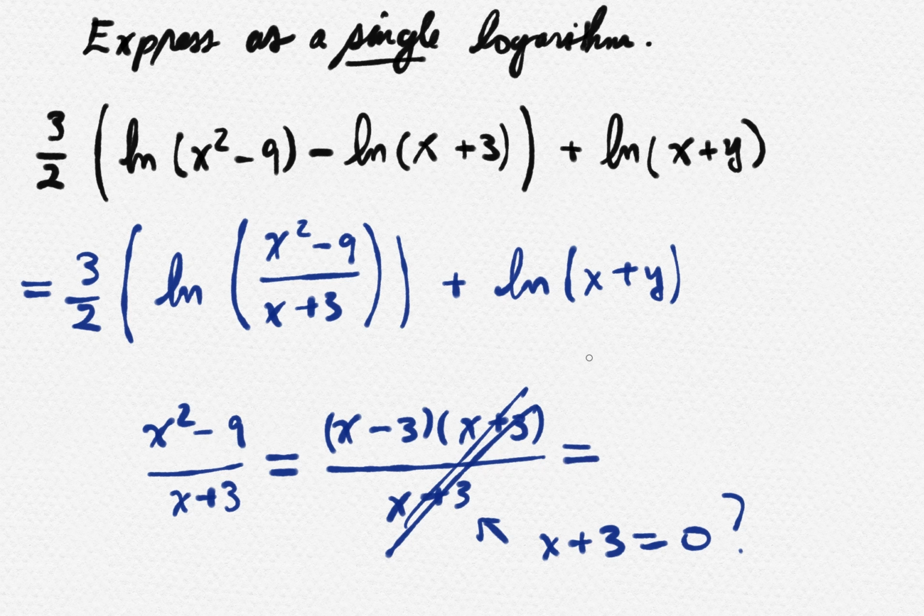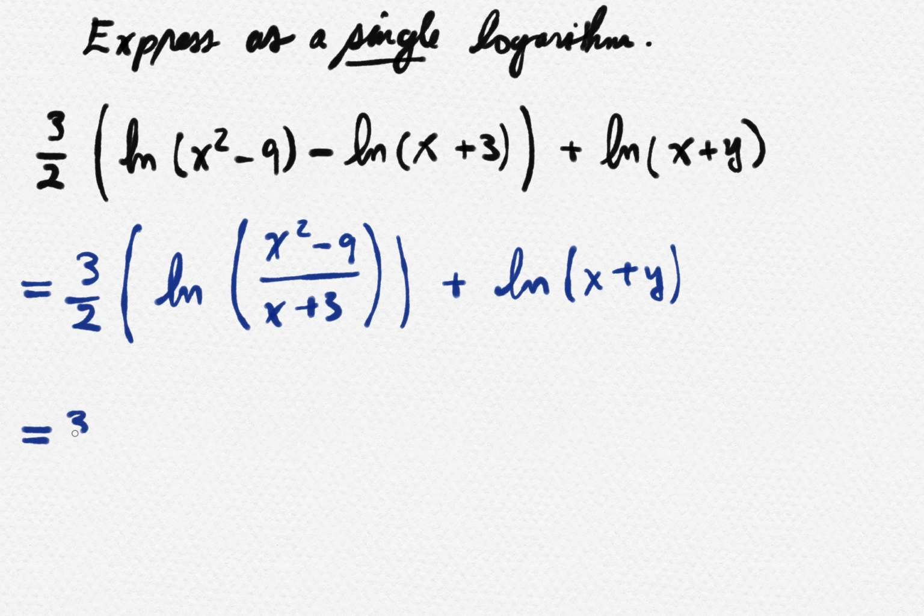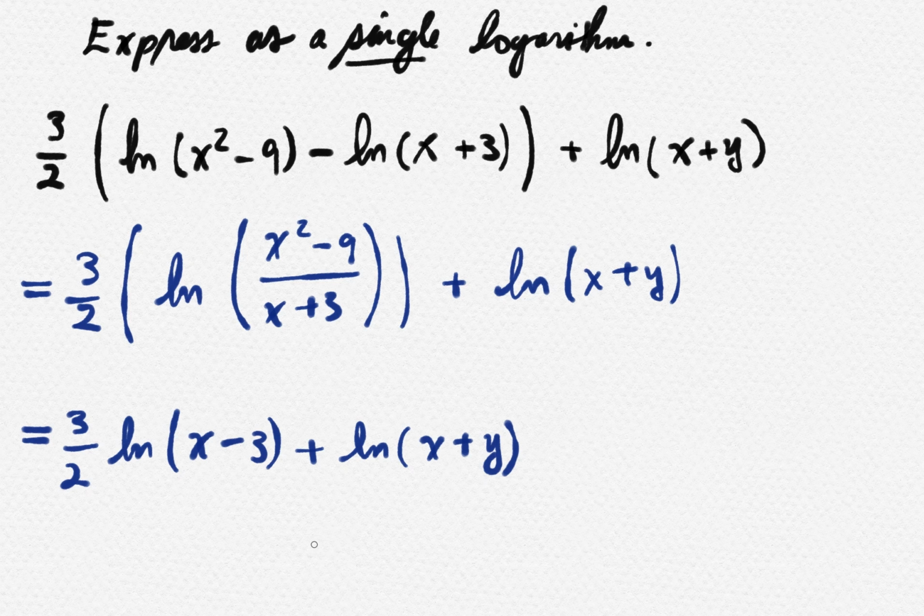Okay, so in this case, since we know that x can't be negative 3, then we know that x squared minus 9 over x plus 3 is equal to x minus 3. So now we have 3 halves times the logarithm of x minus 3 plus the logarithm of x plus y. And we can't use the product property just yet because we have this coefficient up front. So we need to move that in here as a power.